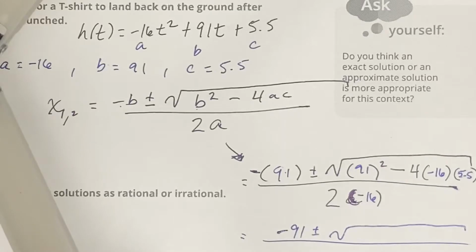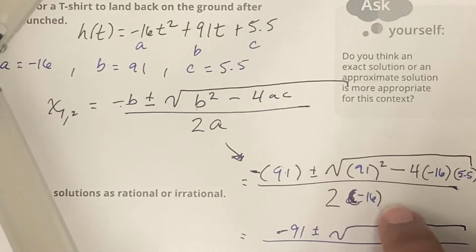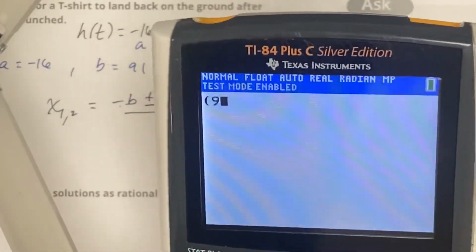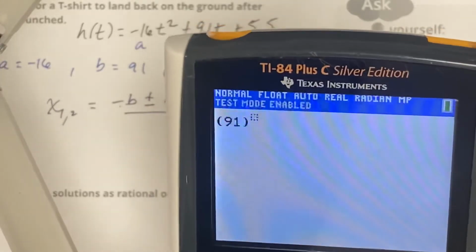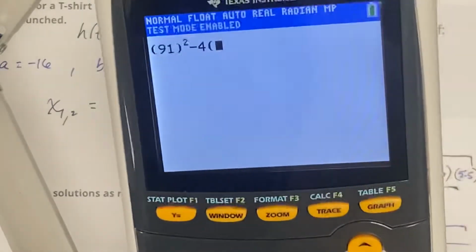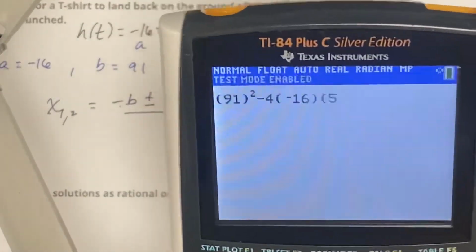Need a calculator. I'm going to put what's inside the calculator all together just so we don't have to waste too much time. I'm going to put 91 squared, just like how I see it. Parentheses 91 squared minus 4 negative 16 5.5.